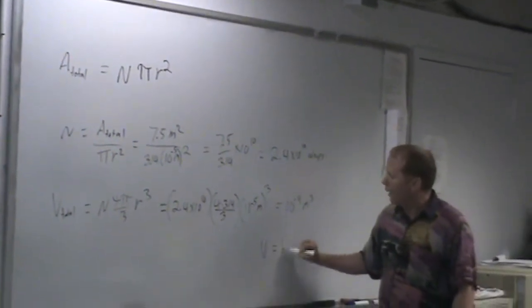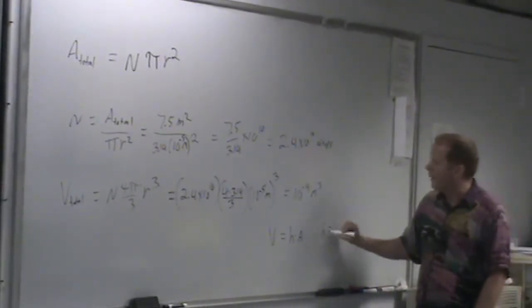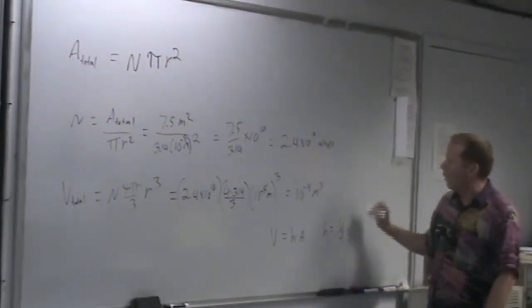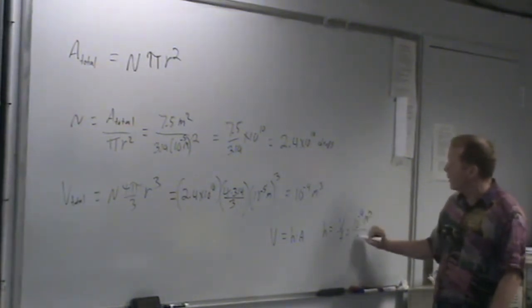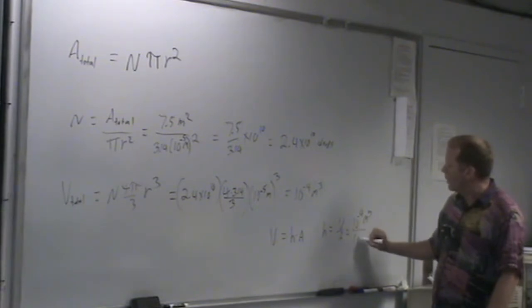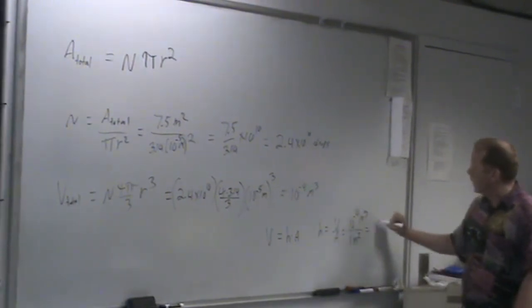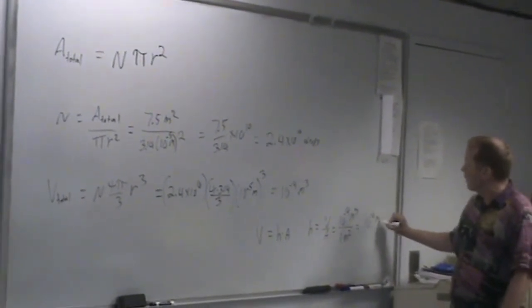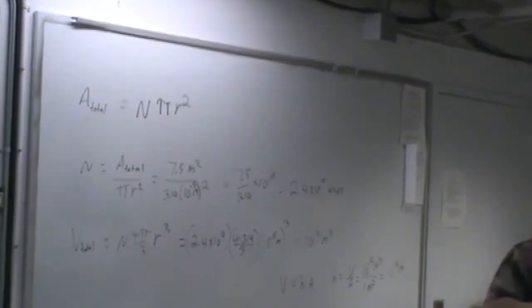Volume is equal to height times area, right? So height is equal to volume over area. We already have that, 10 to the minus 4th meters cubed divided by 1 meter squared, 10 to the minus 4th meters, which is 1/10 of a millimeter.